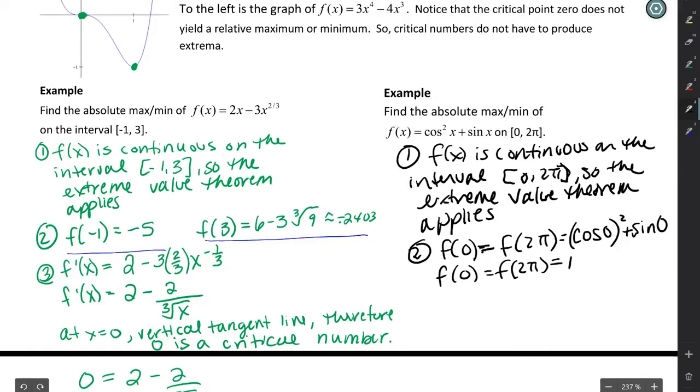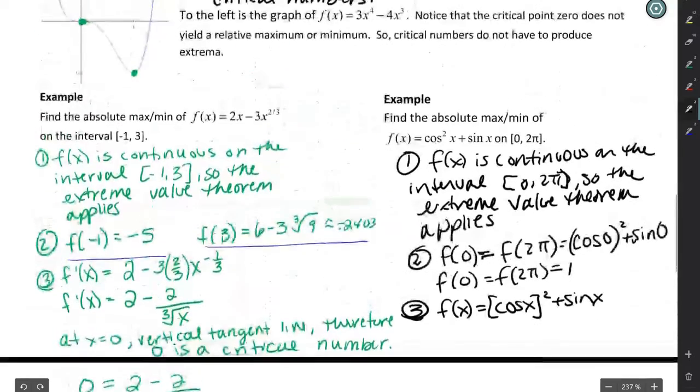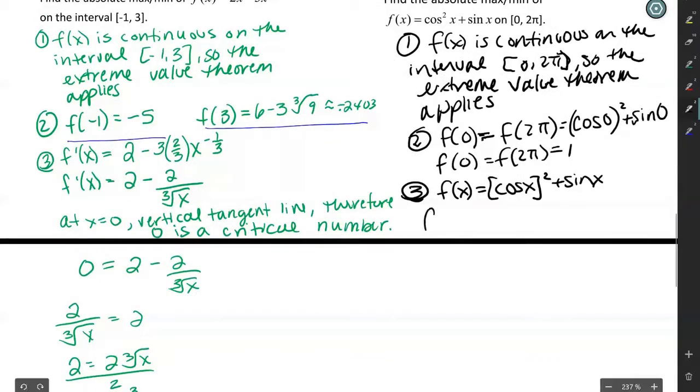Now I'm going to take the derivative. So f of x is really cosine of x quantity squared plus sine of x. Because of the squared, we're going to have to do the chain rule. So f prime of x is going to equal 2 cosine of x times, now the derivative of cosine is negative sine x, plus the derivative of sine of x is cosine of x.